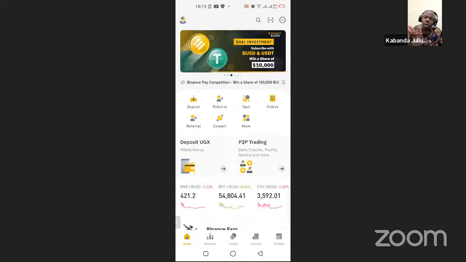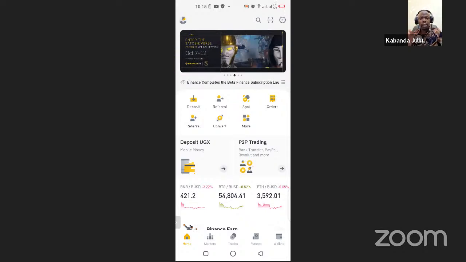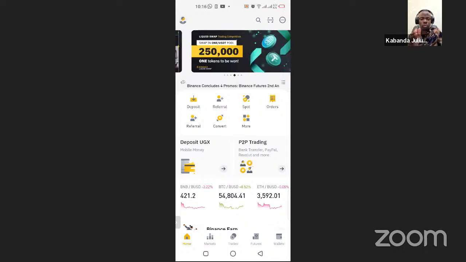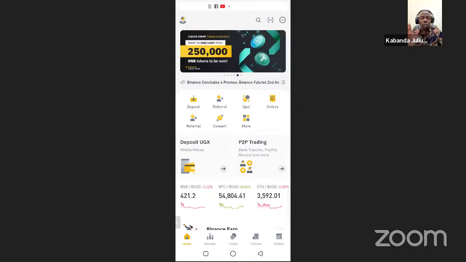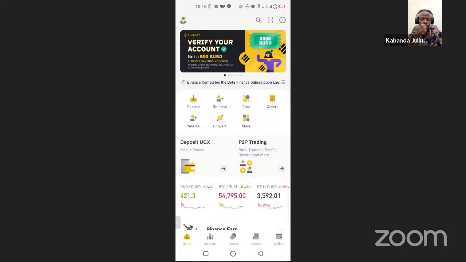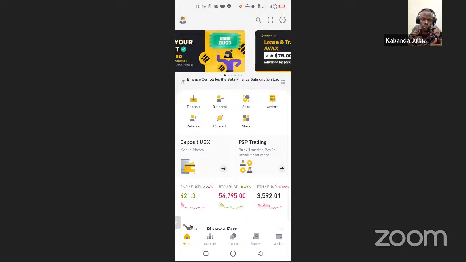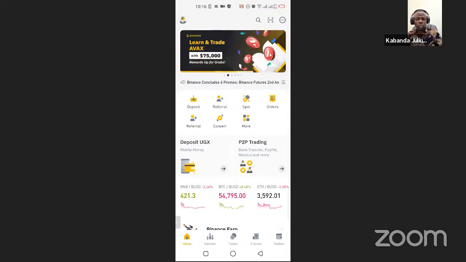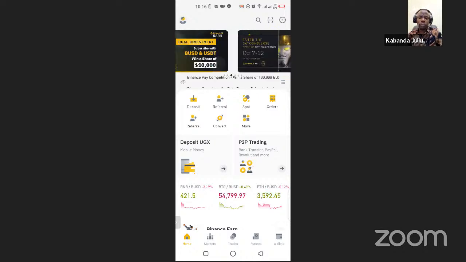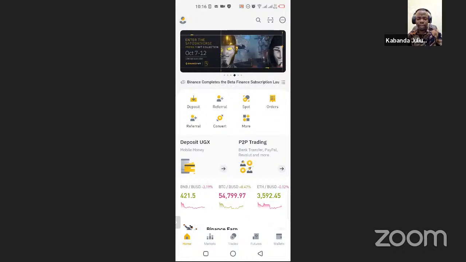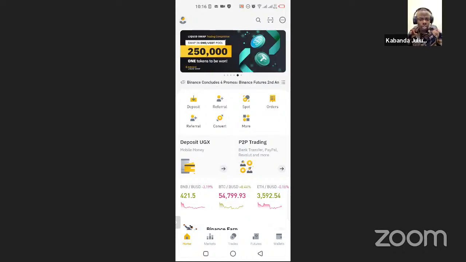You need to learn how to do the API binding, how to connect your Binance to your Royal Q, that is important, and how to connect your Huobi to your Royal Q. In 2022, around January, South Africa will be banning Binance in their country.